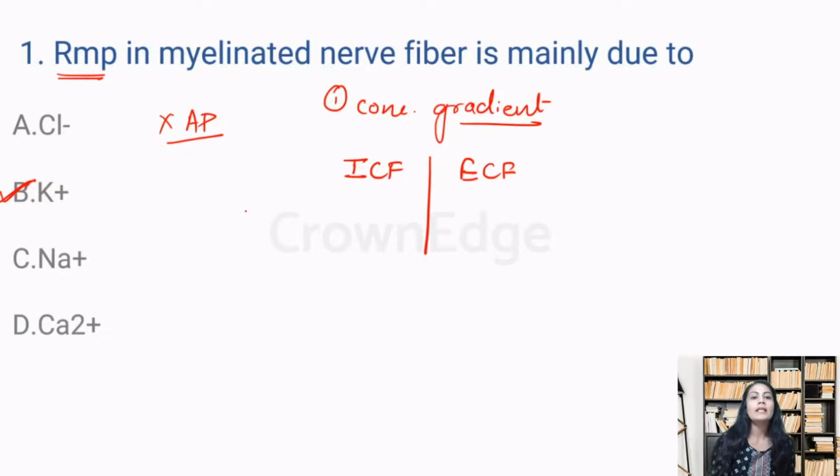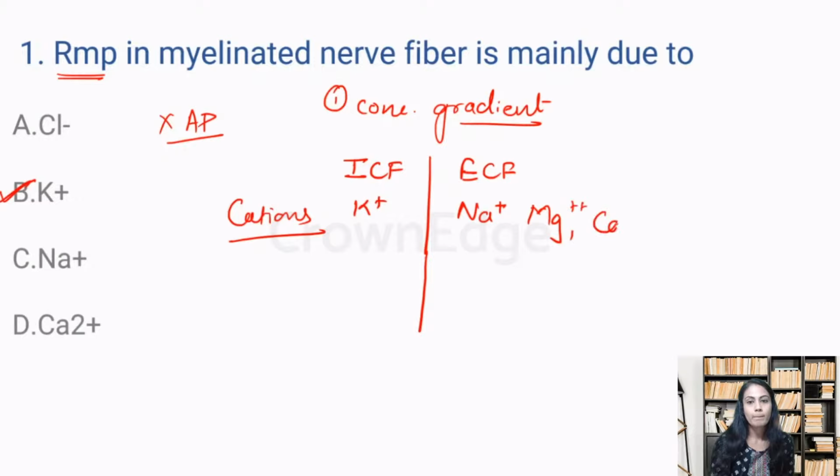In the intracellular fluid, some ions will be higher in concentration. For example, potassium is higher in the ICF. What about the cations high in ECF? They are sodium, magnesium, and calcium. What about anions carrying the negative charge?